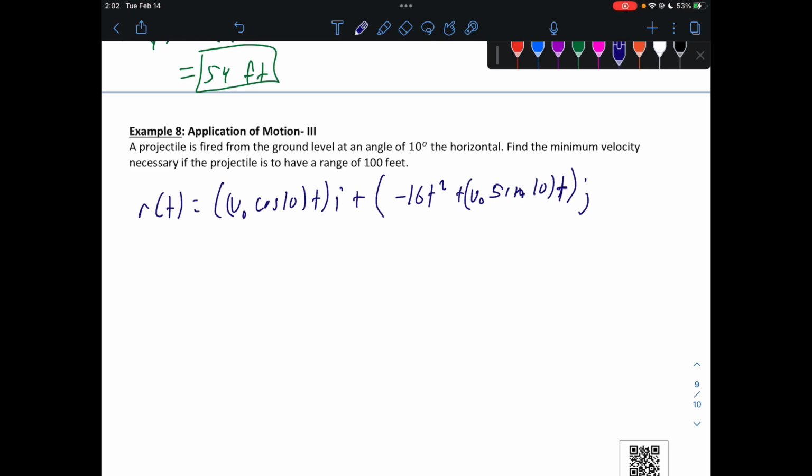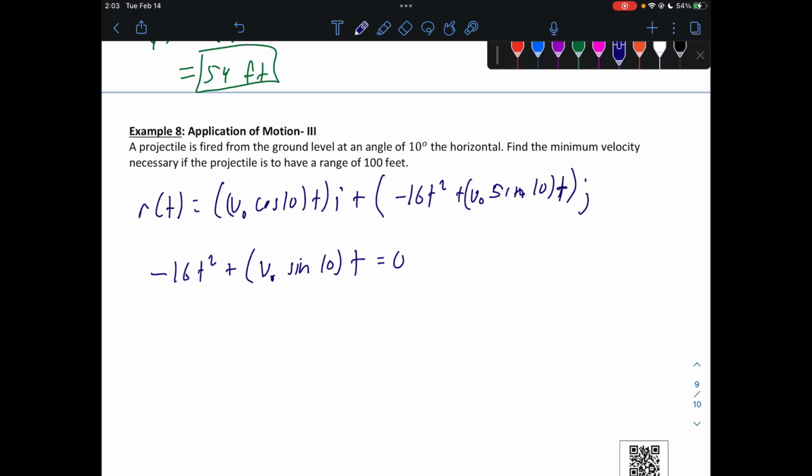All right, so what we're going to do here is we want the x coordinate to be 100 at least. They have a range of 100 feet here. So we're going to set the y coordinate equal to 0 and solve here.